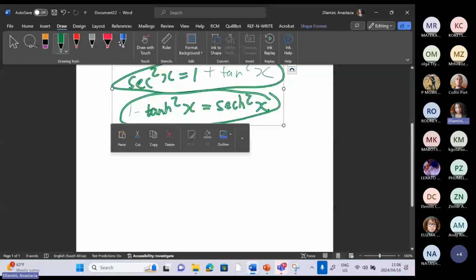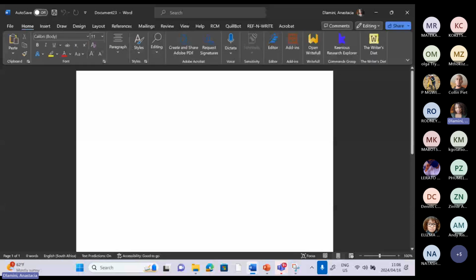Now let's go straight to differentiation of hyperbolic functions. They say the derivatives of hyperbolic sine x, hyperbolic cos x, and hyperbolic tan x are easily found from the exponential definition.